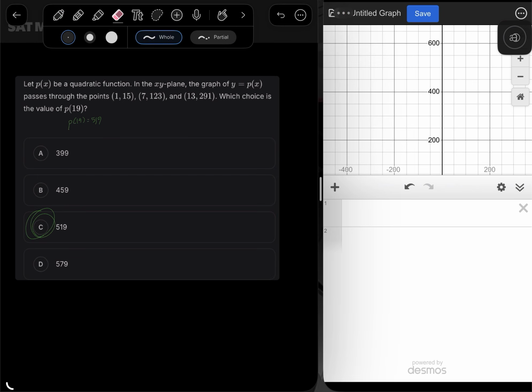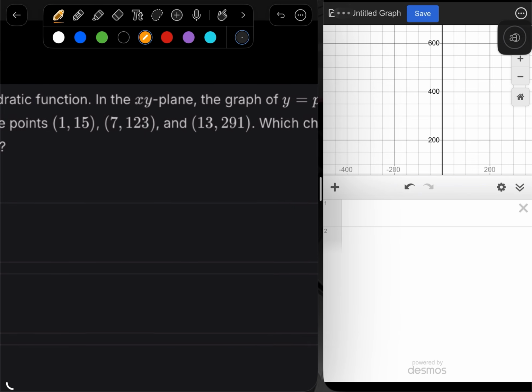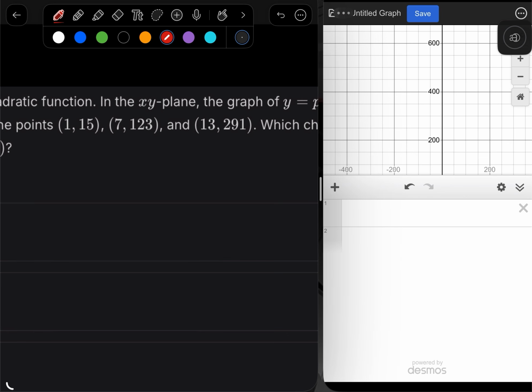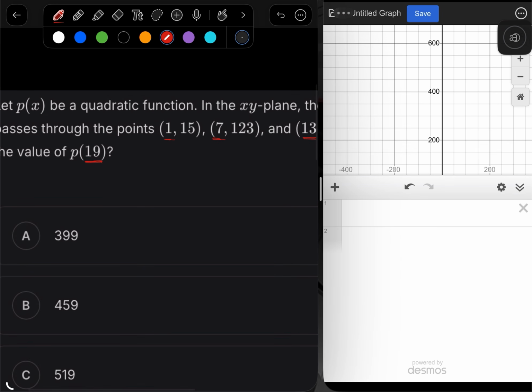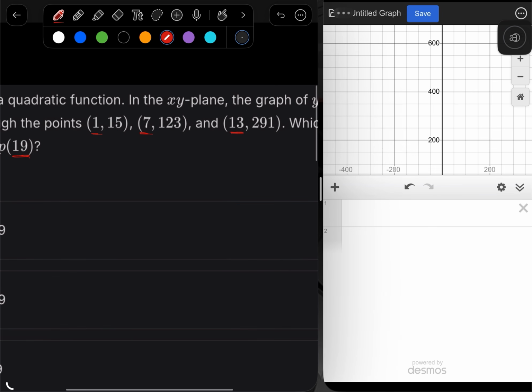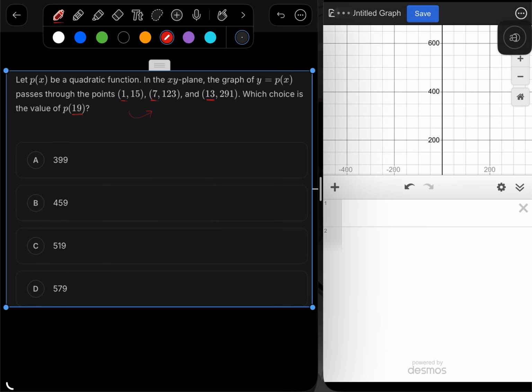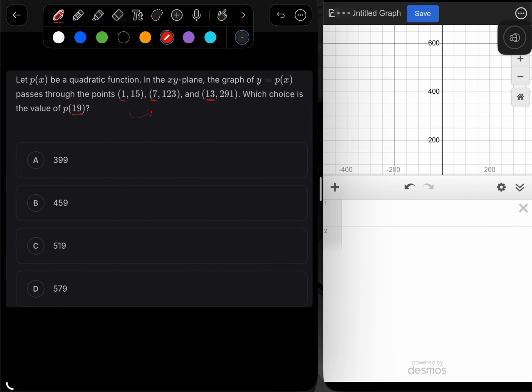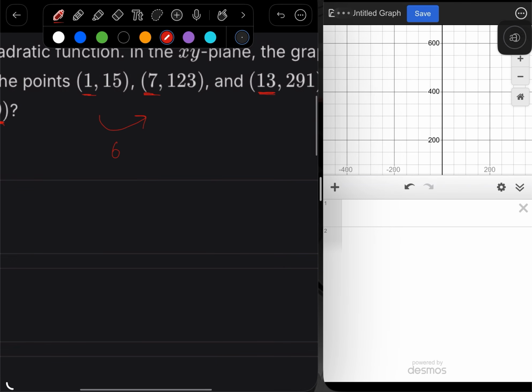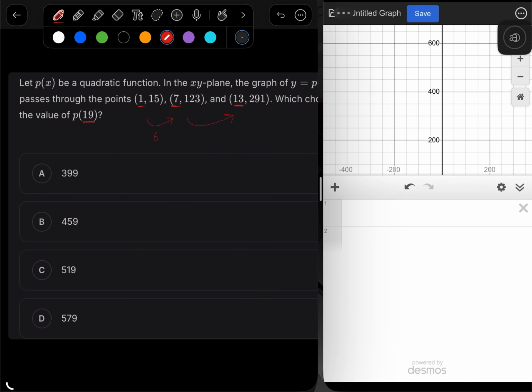What I mean by that is, you notice the points they give you: you have x equals 1, x equals 7, x equals 13, and x equals 19. Those x coordinates are all spaced by 6. There's a difference of 6 between each of the given points, even from 13 to 19.